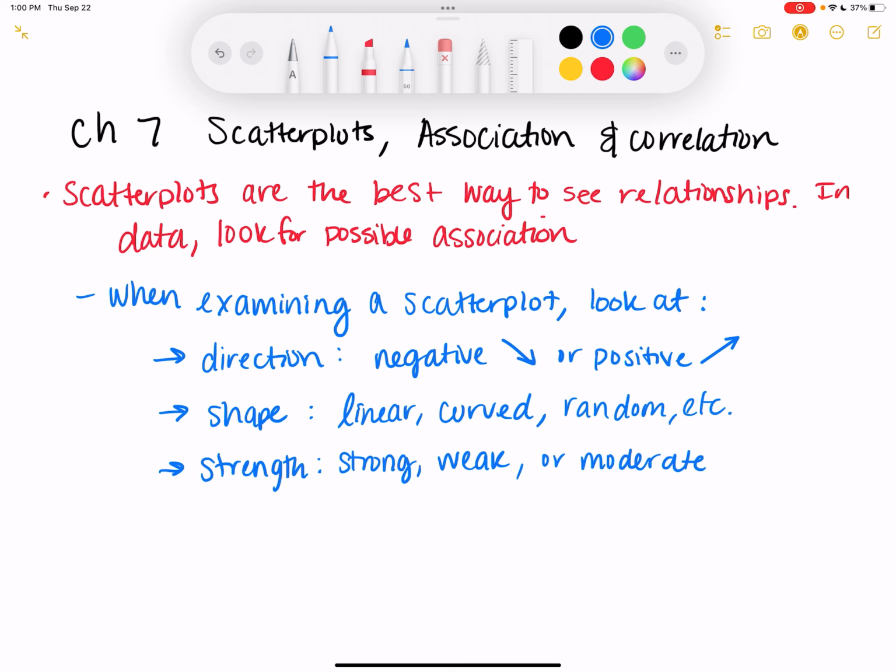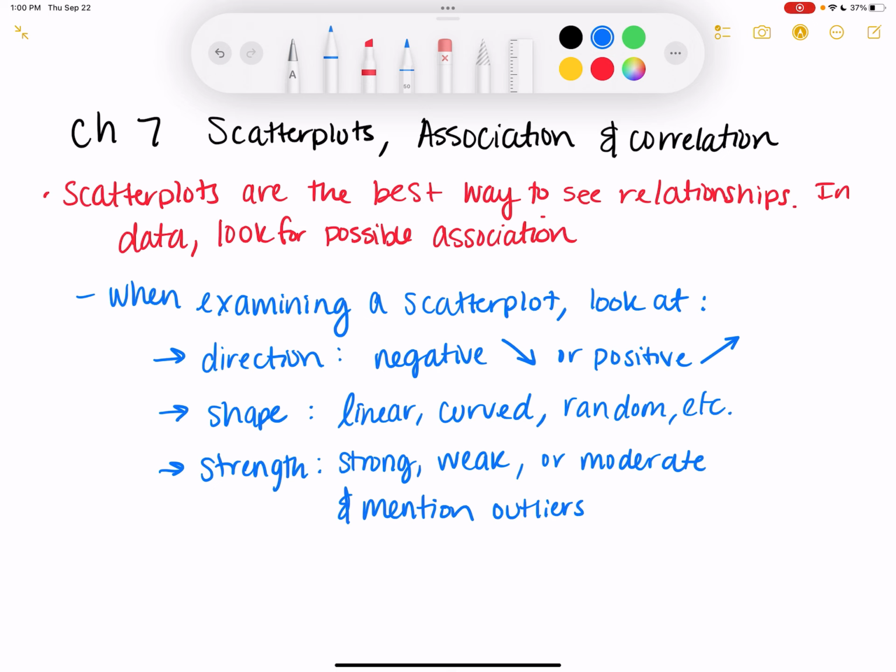And then we also want to mention any outliers, because sometimes they will still exist here, or all your data is in this little area and then there's just one dot way out somewhere, and so we just got to be aware of that.